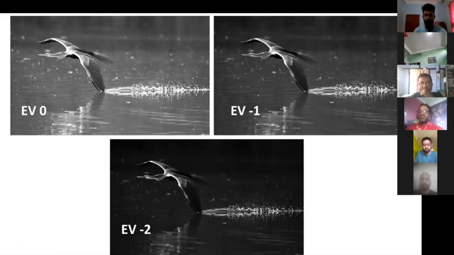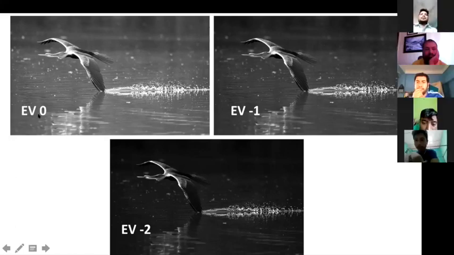I know where I need my details, whether on the background, on the subject, or on the trail of water that the bird's wing is creating. In order to do that, my only weapon is to get the exposure correct. If I let the camera decide the exposure, it will do something like this EV0, that is, exposure not compensated from what the camera has thought.